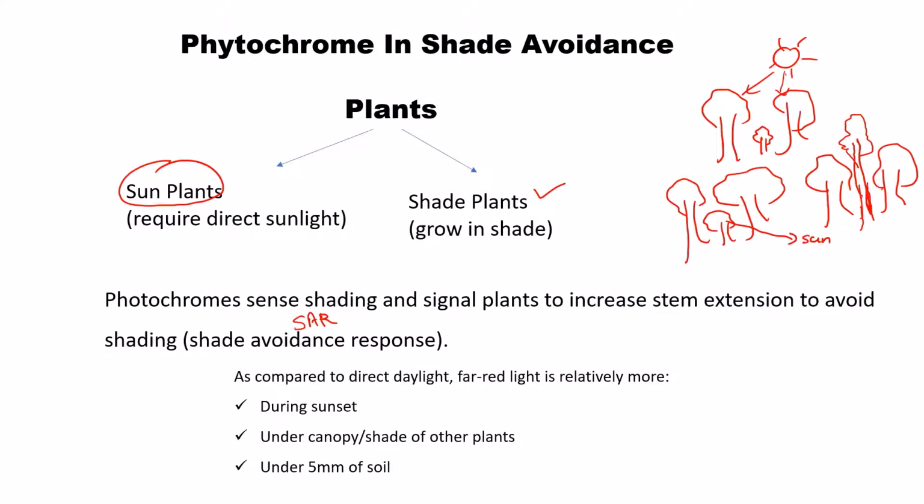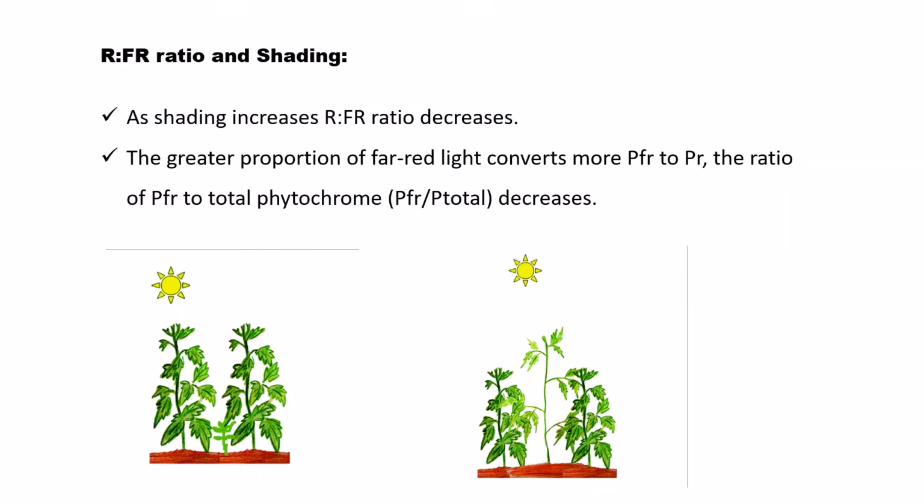Remember that as compared to direct daylight, far-red light is relatively more during sunset, under canopy or shade of other plants, under 5 mm of soil. So we know that during shading, far-red light is more.